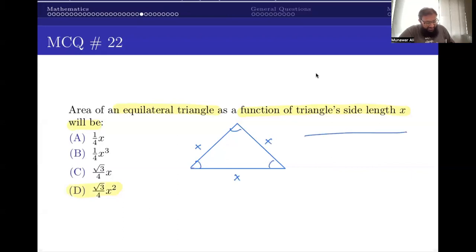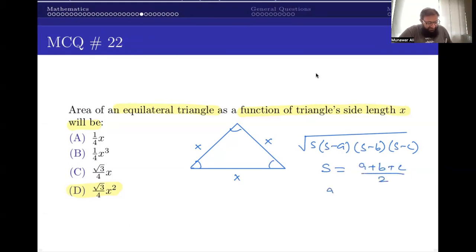So you can apply this formula, the square root of s times (s minus a) times (s minus b) times (s minus c), to find out the area, where s is half of the perimeter, or semi-perimeter, (a plus b plus c) divided by 2, where the value of a, b, and c is going to be x. And you will exactly get the area using this formula to be this one.